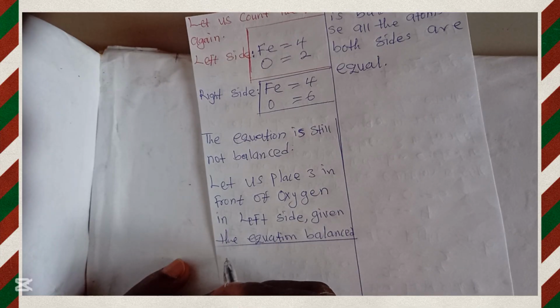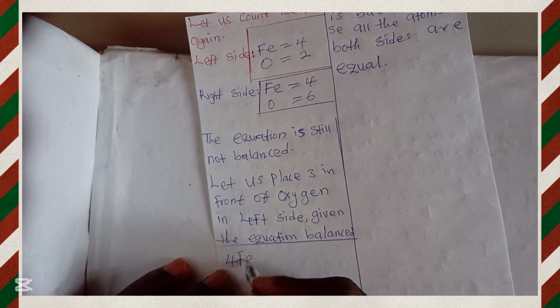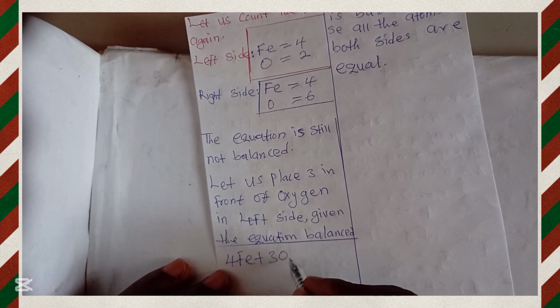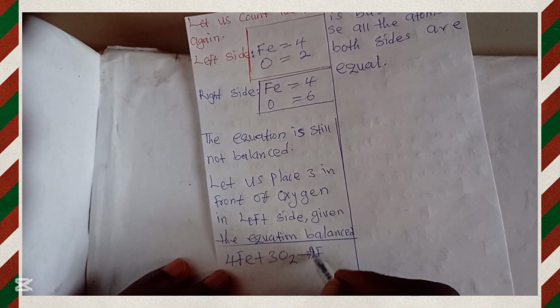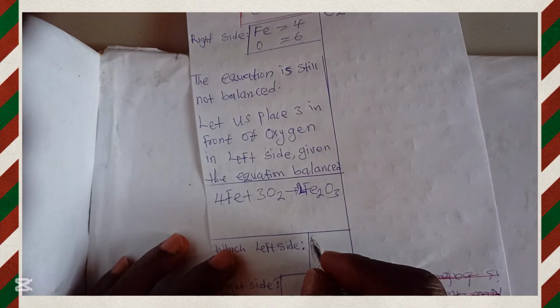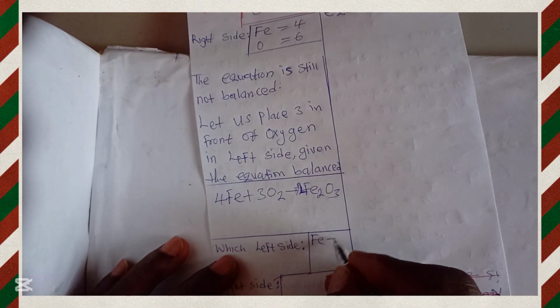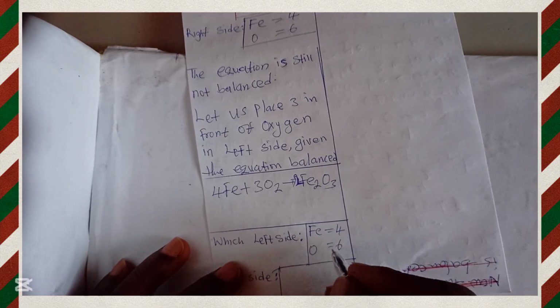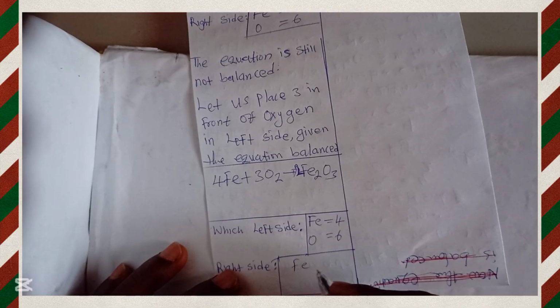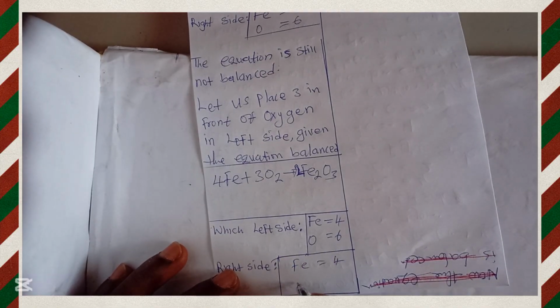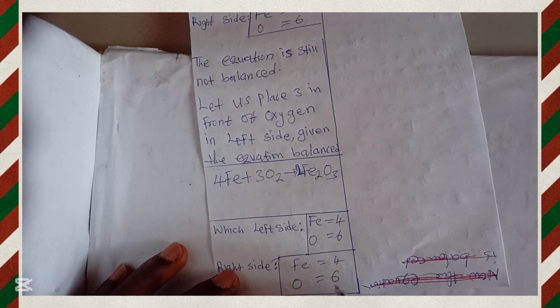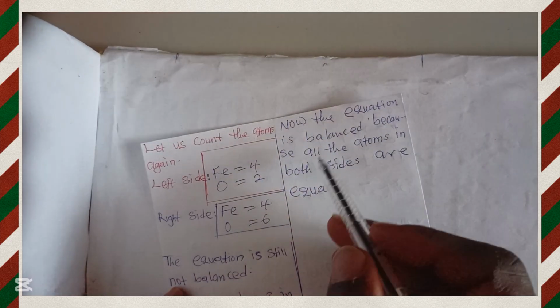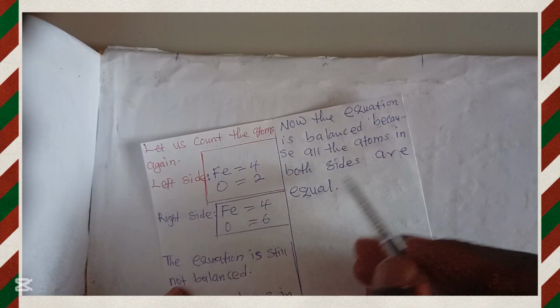Now we have 4Fe plus 3O2 giving us 2Fe2O3, in which on the left side iron is 4, oxygen is 6, and on the right side iron is 4 and oxygen is 6. Now the equation is balanced because all the atoms on both sides are equal.